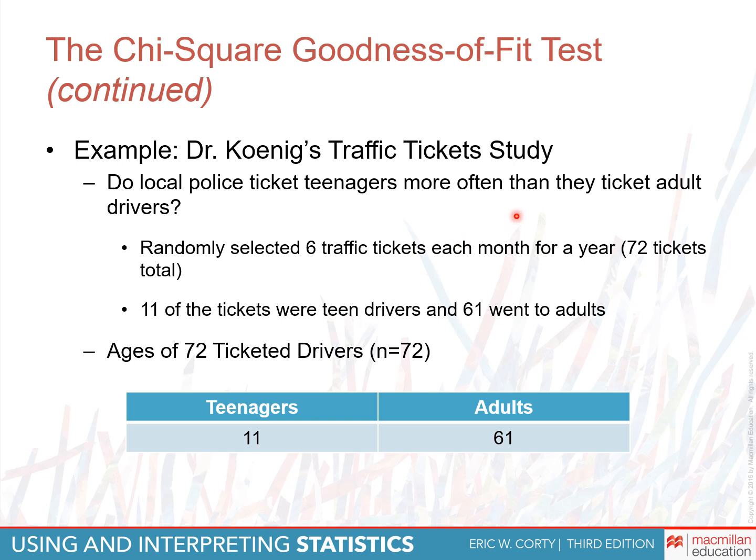Then we look at those tickets, and we find that 11 of them went to teen drivers and 61 of them went to adults. That's what we see here in this table. So 72 tickets total, with 11 in the teenage category and 61 in the adult category.